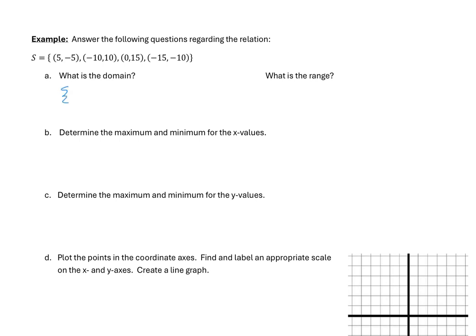What are our inputs? And so you can go ahead and write these in, again, in any order. If you want, you can go smallest to largest because we are going to be asked for maximum and minimums here in a minute. We've got -15, -10, 0, and 5 for our domain.